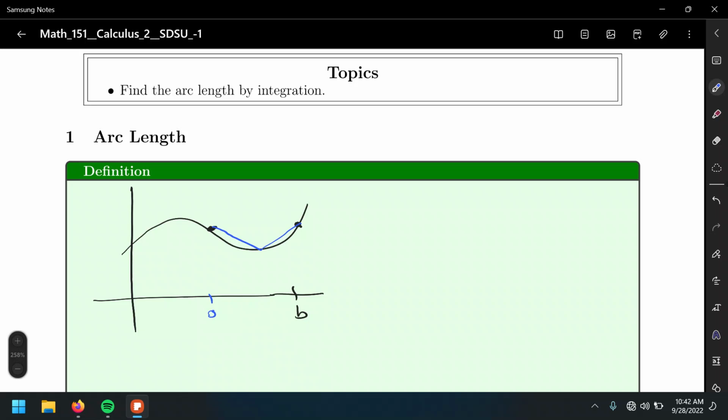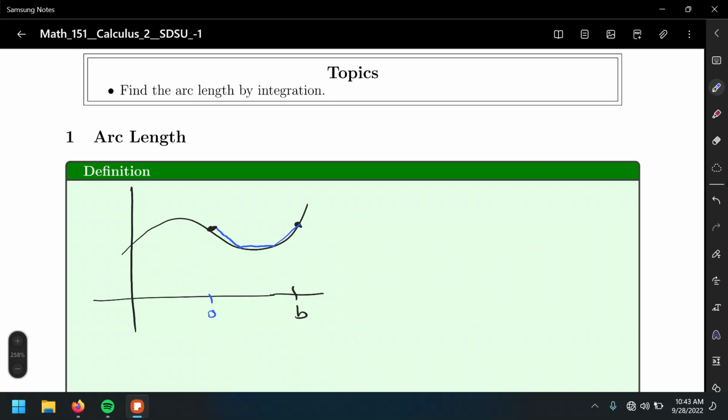Still not quite. So how about we do another way instead? How about we go like this? This distance, that distance, and that distance. Well, it's still not quite the arc length. However, it's kind of getting closer to what we want to obtain.